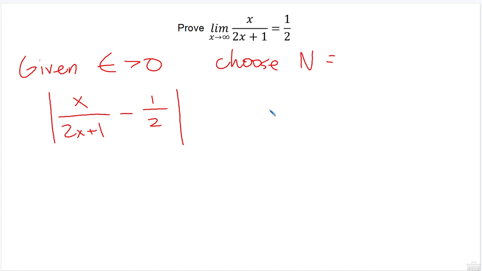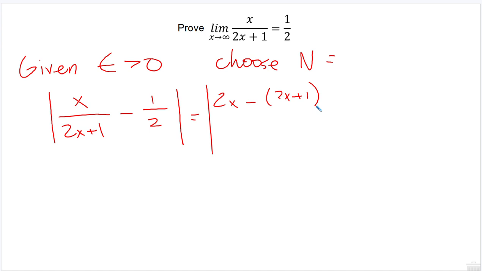So let's start off with some basic simplification here. I've got to get a common denominator, so I have to multiply the first part of this fraction by 2 and the second part of the fraction by 2x plus 1, in both the numerator and the denominator. If I multiply the first one by 2, that's going to give me a 2x. And if I multiply the second one by 2x plus 1, that's going to give me minus the quantity 2x plus 1.